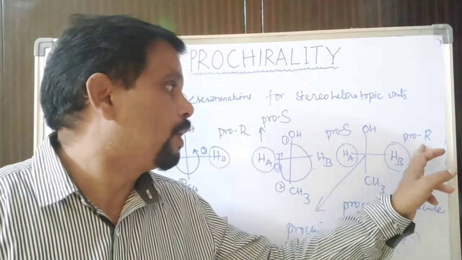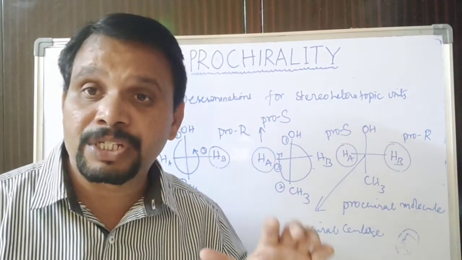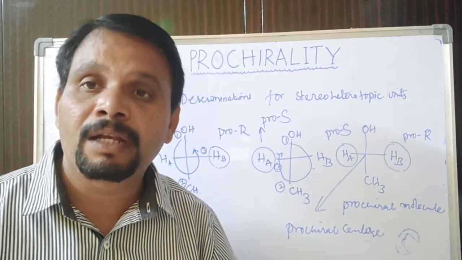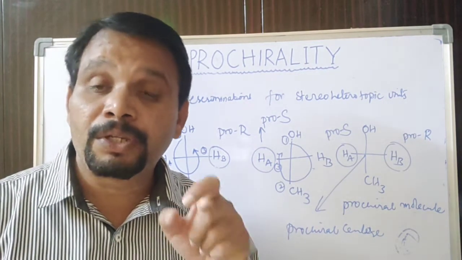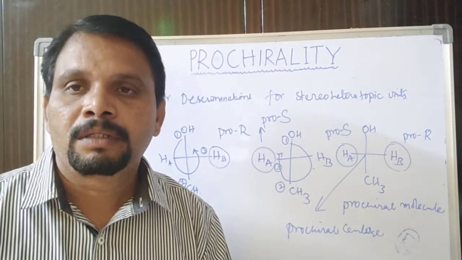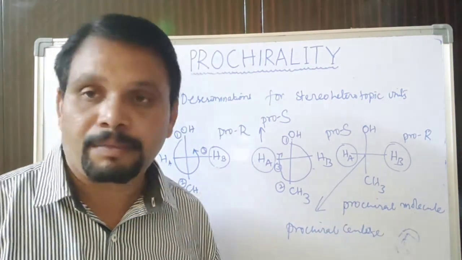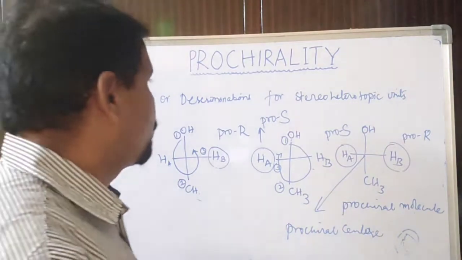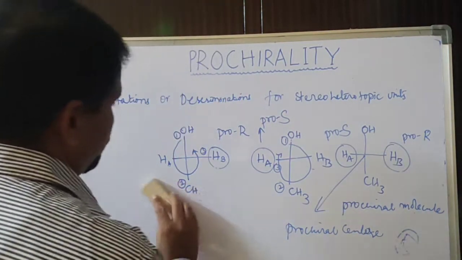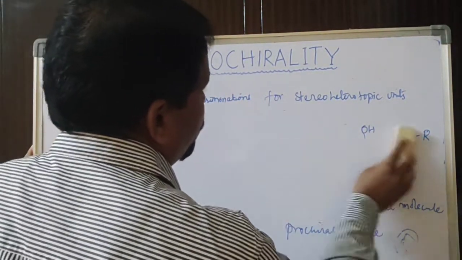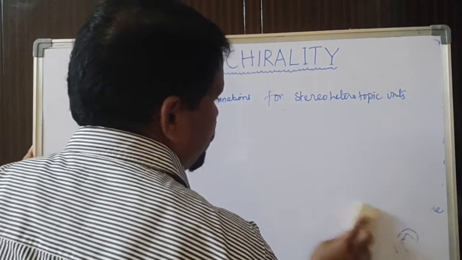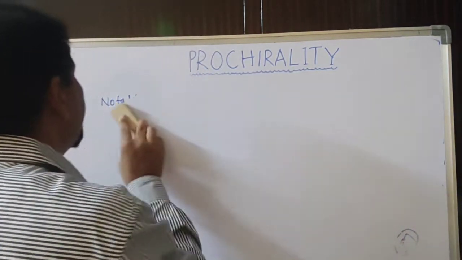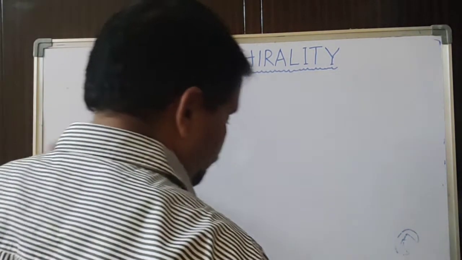So these Pro R, Pro S are notations, or discriminations, for stereoheterotopic units. I'll give you some more examples so that you are able to give notations or discriminations for stereoheterotopic units.